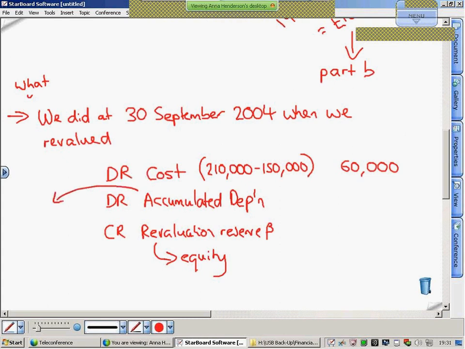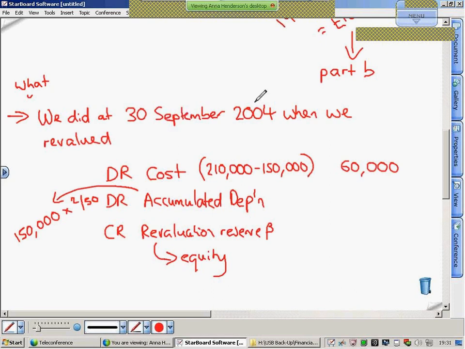So essentially, before we revalued, we were depreciating an amount of 150,000 over 50 years, so we're depreciating it for 2 years out of 50.